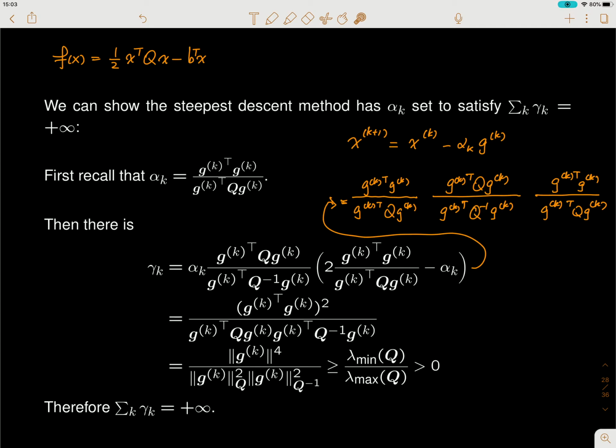The sequence generated by this algorithm will not be convergent. We choose this special x0 that makes the algorithm fail such that x0 minus x star is the eigenvector corresponding to the largest eigenvalue of Q. So if we choose this x0 in this way, we see that the algorithm will not converge.